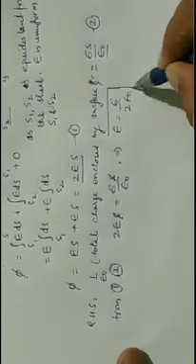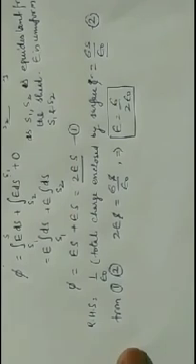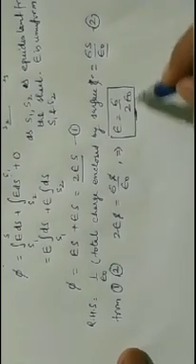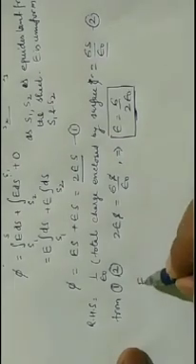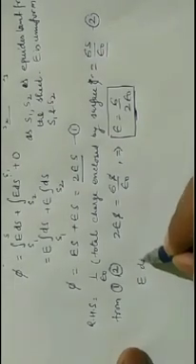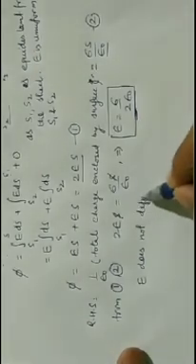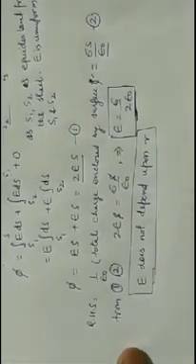So this is your electric field because of a uniformly charged infinite plane sheet. From this diagram or from this formula, we understood that the electric field does not depend upon the distance.